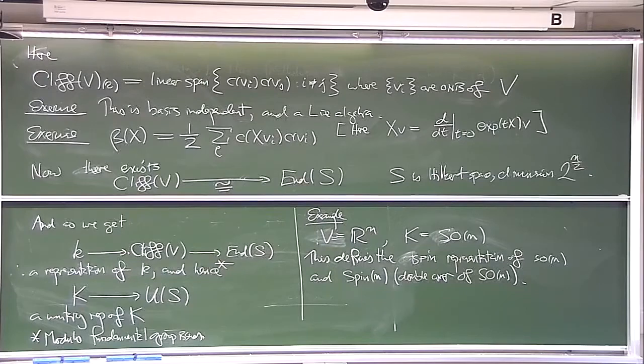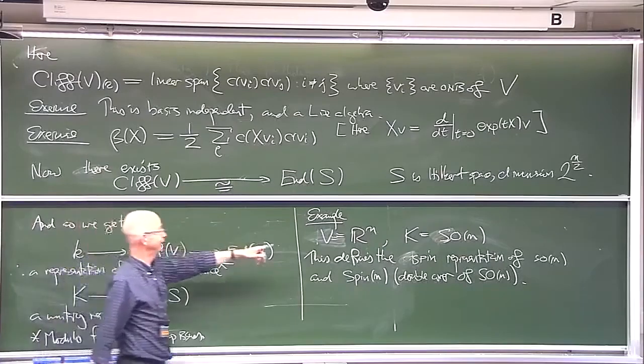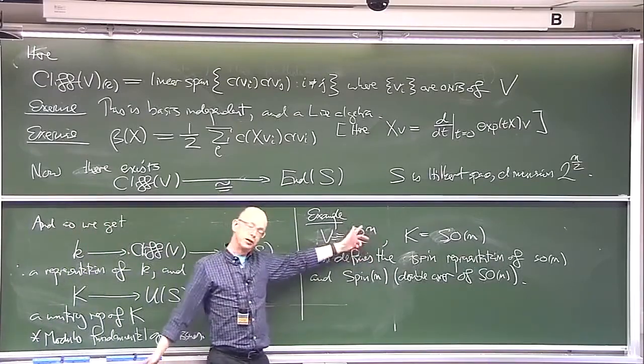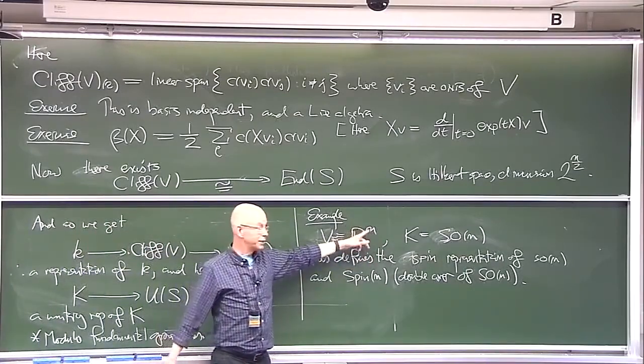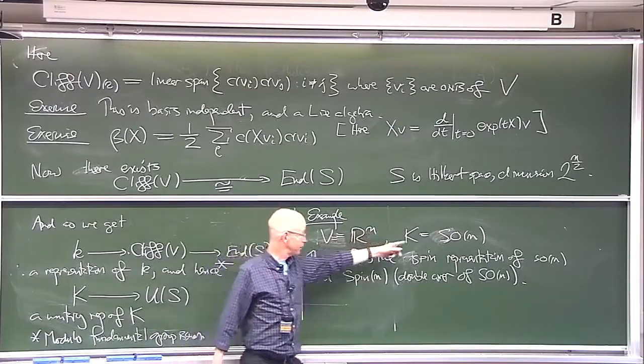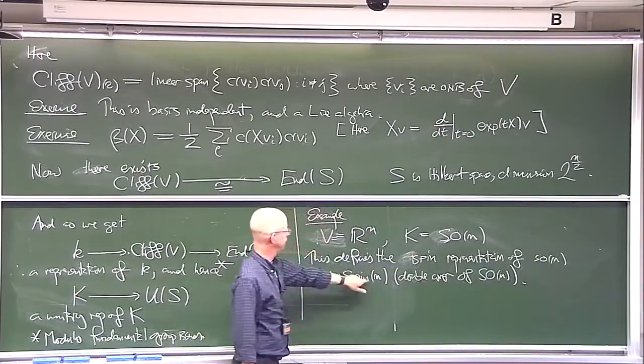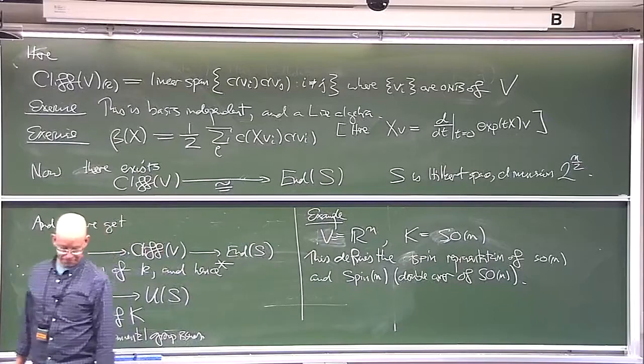The spin representation is very fundamental if you want to understand all representations of the orthogonal groups. There are some standard representations that you get by letting orthogonal groups act on R^n and on exterior powers of R^n and stuff like that. But to understand the full story of the representations of SO(n), you also have to worry about these spin representations.